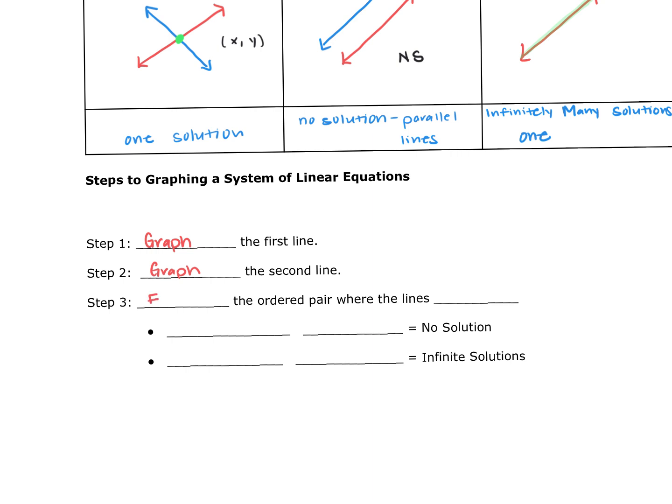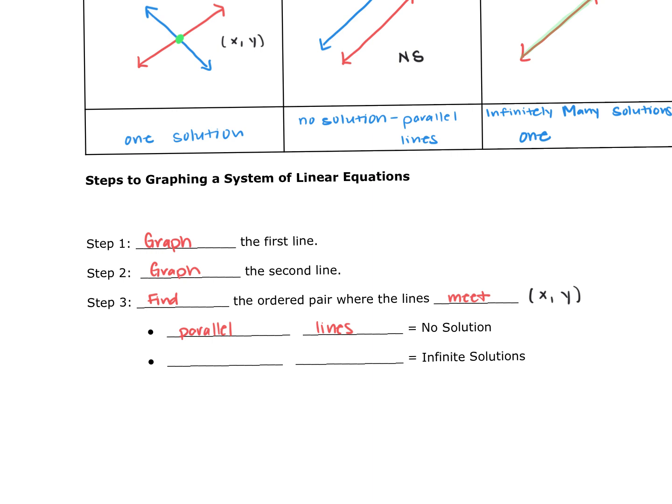Then we're going to find or name the ordered pair where the two lines meet. Okay, so in this case, you will have an x and you will have a y where they meet. But if you have parallel lines, that's when it says no solution.